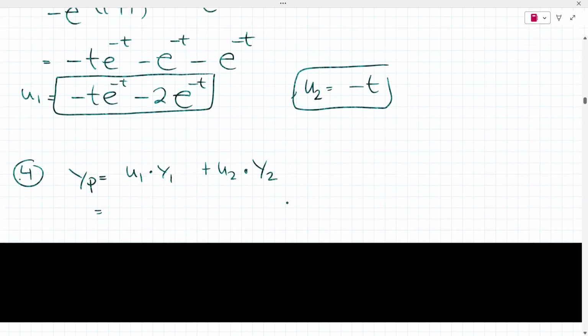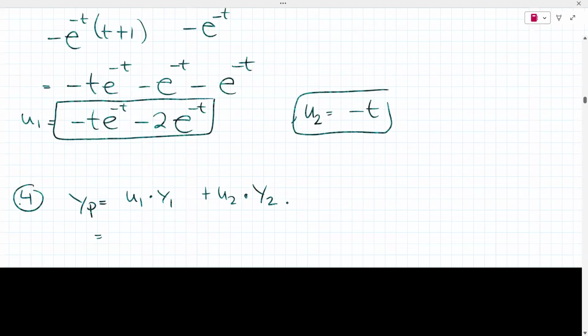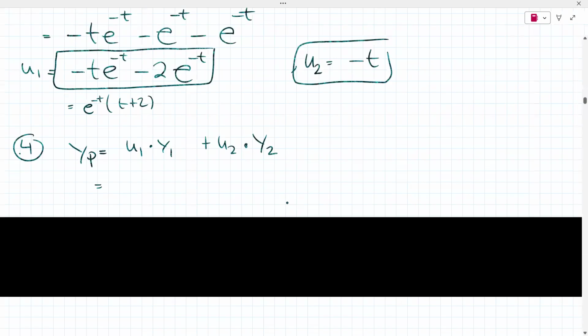Or it could be expressed, you could take out an e to the negative t, and then you have a t plus 2. So it's going to be negative e to the negative t times t plus 2 times my y1, which is e^t, plus my u2, negative t, times my y2, which is t plus 1.